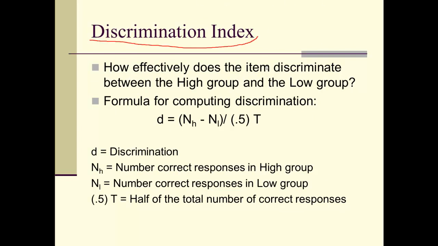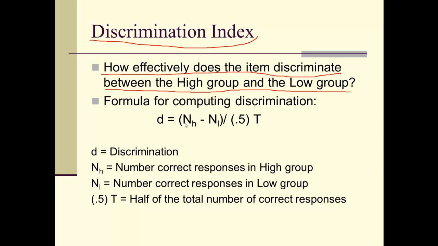Let's look at our discrimination index. What this tries to do is tell us how effectively the item discriminates between the high group and the low group. And so we utilize a different formula to some extent.